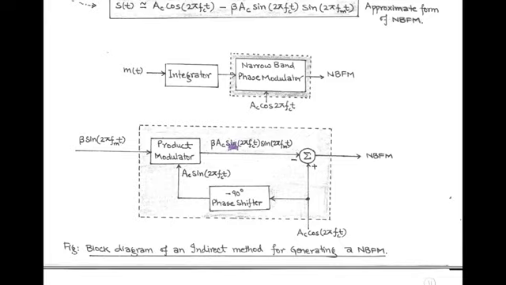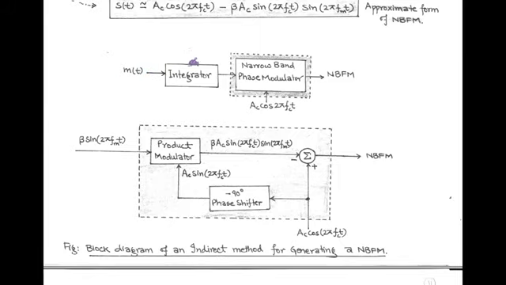Here, the narrowband phase modulator consists of a product modulator and a minus 90 degree phase shifter. Initially, the message signal is passed through the integrator and we obtain beta sin 2 pi fm t, because here we consider a sinusoidal modulating signal, that is m(t) equals Am cos 2 pi fm t.